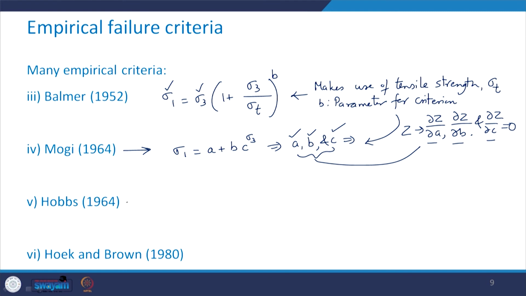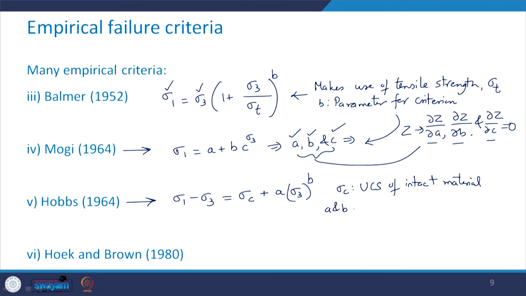Similarly, another one was given by Hobbs, that was given by this equation sigma 1 minus sigma 3 equal to sigma c plus A sigma 3 to the power B, where this sigma c is again the UCS of intact material or intact rock.